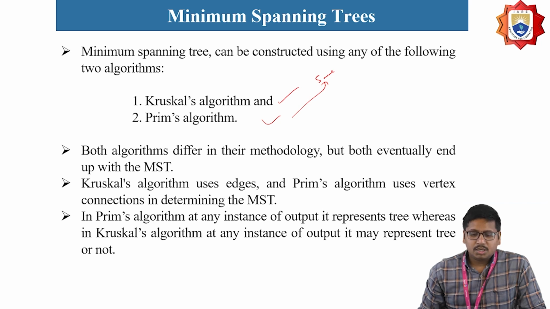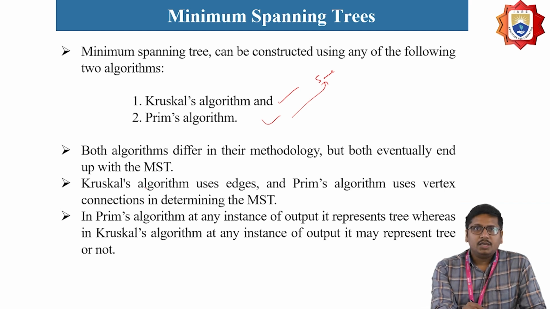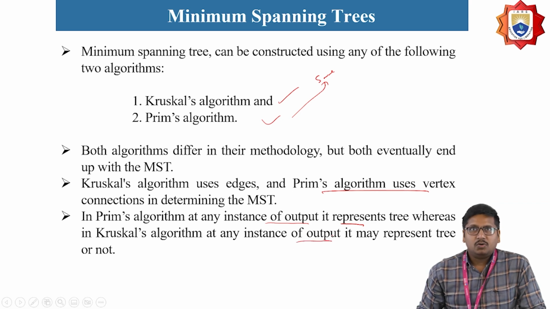Kruskal's algorithm uses the edges, whereas Prim's algorithm uses the vertex connections in determining the minimum spanning tree.